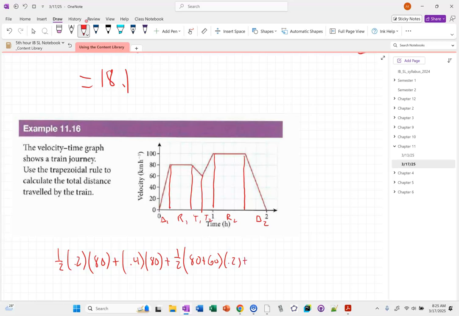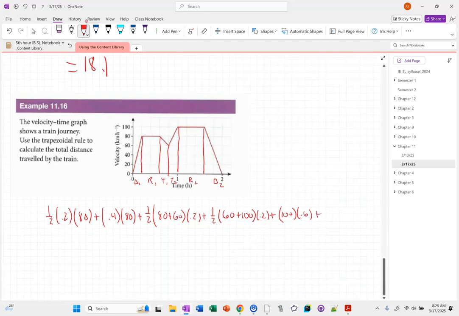The second trapezoid has bases of 60 and 100, and its height is 0.2. My next rectangle has a height of 100 and a base of 0.6. And then our last triangle has a base of 0.4 and a height of 100. And then it's just calculator time.